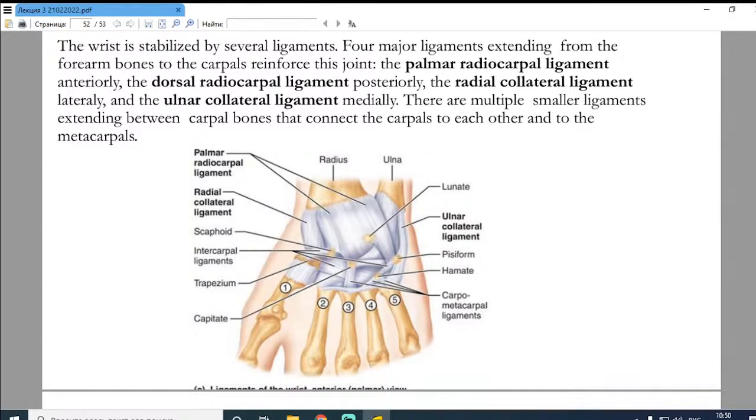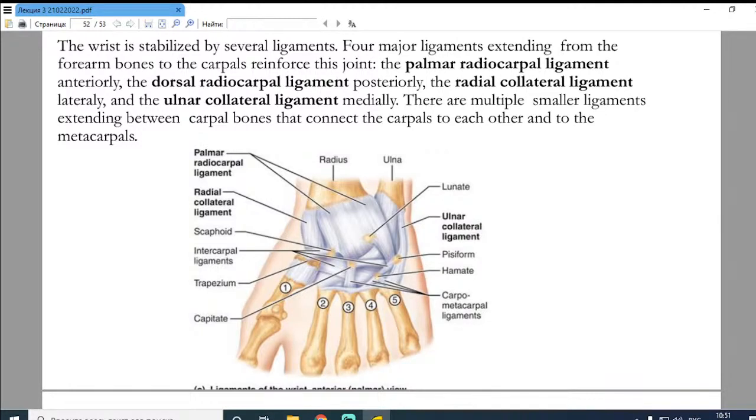Four major ligaments extending from the forearm bones to the carpals reinforce this joint: the palmar radiocarpal ligament anteriorly, the dorsal radiocarpal ligament posteriorly, the radial collateral ligament laterally, and the ulnar collateral ligament medially.